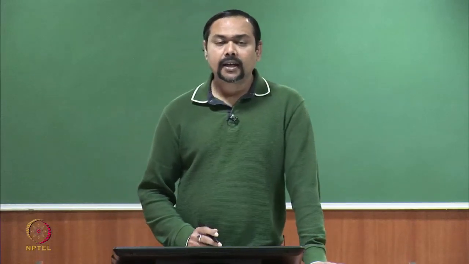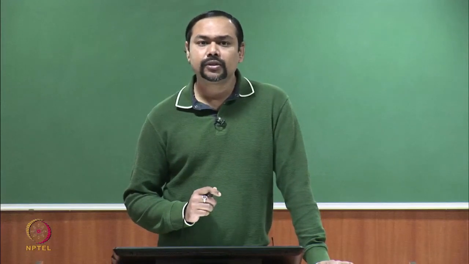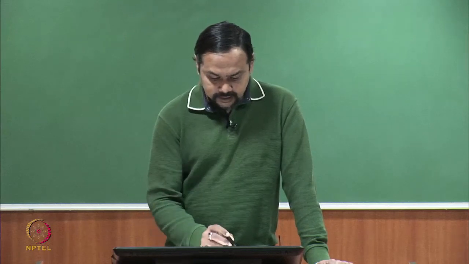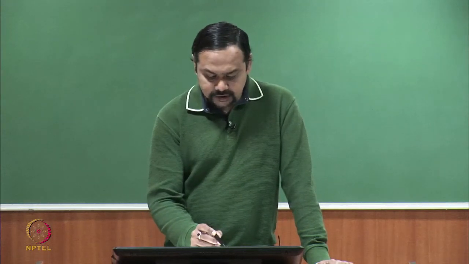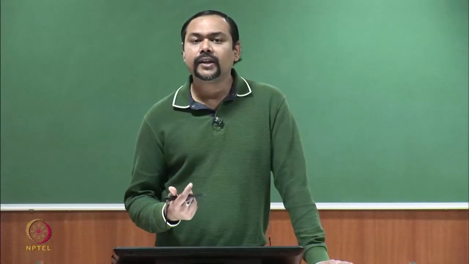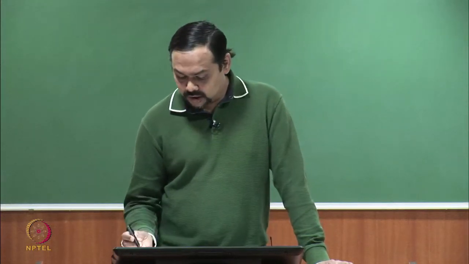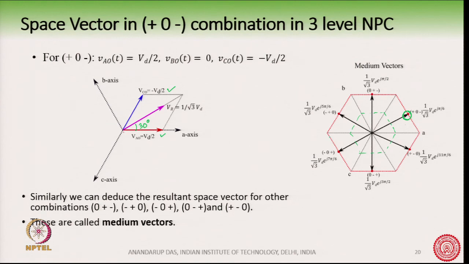There are 6 switching state combinations that produce these medium vectors, and these are given here, say like plus 0 minus. So, medium vectors are made with one phase as plus, one phase as minus, and the other phase as 0. These will make the medium vectors as shown in the diagram.